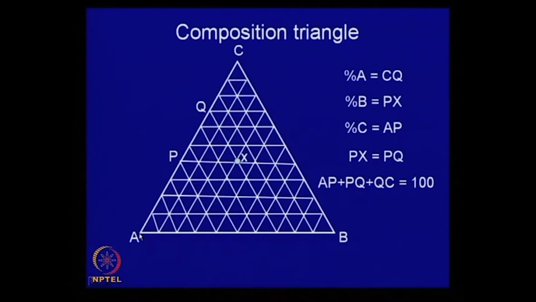Like here, if you look at this point, the percentage of C is 0. Suppose we go to the next, it is 10, 20, 30, 40, 50, 60, likewise it becomes 100 over here.